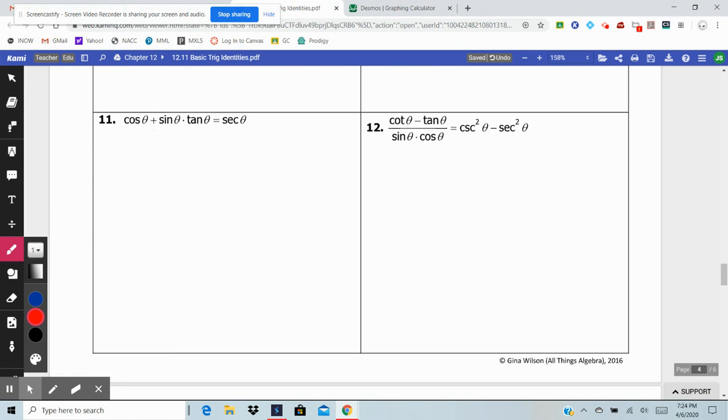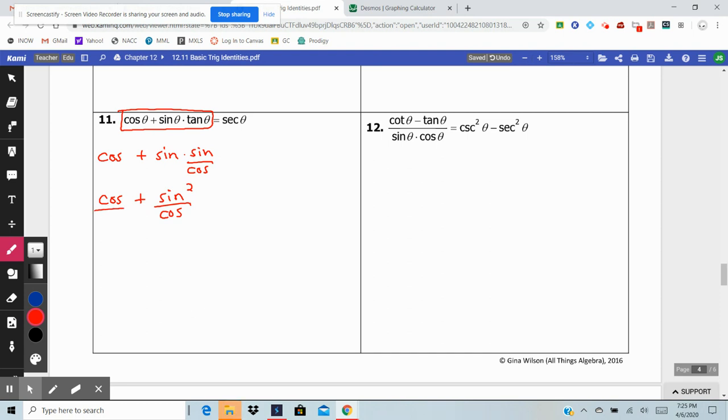And the last two. We have the more complicated side on the left. Not a lot you can do on the right side there. So I have cosine plus sine times tangent, which would be sine over cosine. So I now have cosine plus sine times sine, which would be sine squared over cosine. I need a common denominator.